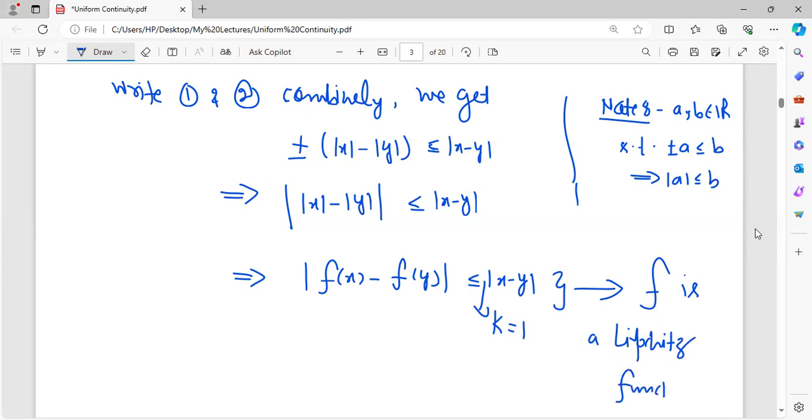But in the previous theorem, I have proved that every Lipschitz function is uniformly continuous.